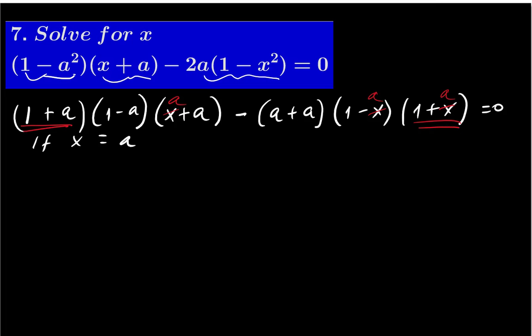We have 1 minus a, 1 minus a. We have a plus a plus a. So that means x is equal to a is a solution, so x1, the first root, is equal to a. Very good result for us, okay?